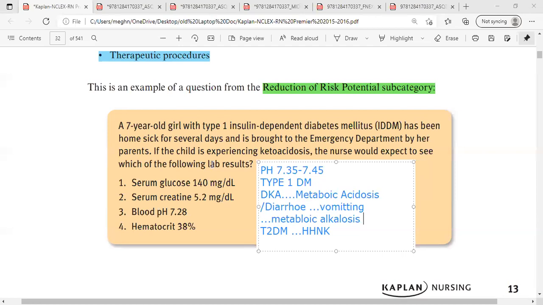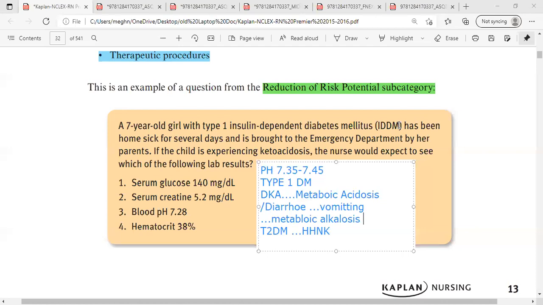And also remember, type 1, which is called insulin dependent diabetes, is most prevalent in children and non-obese adults. There is little or no insulin production by the beta cells or islets of Langerhans in the pancreas.